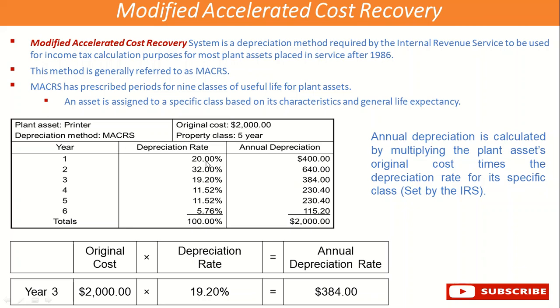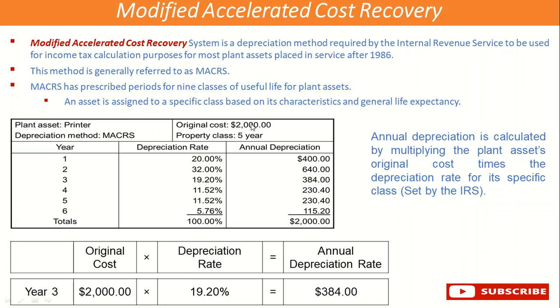So here is the difference in this method. The depreciation rates total 100%. So the total depreciated amount will be $2,000, and that is the original cost as well. So there is no salvage value in this case. The department has depreciated that equipment by 100%.